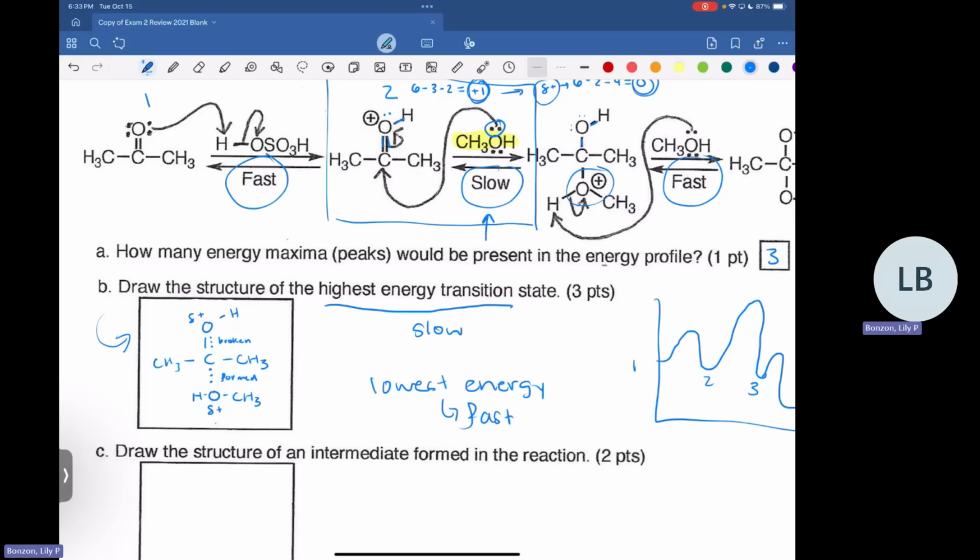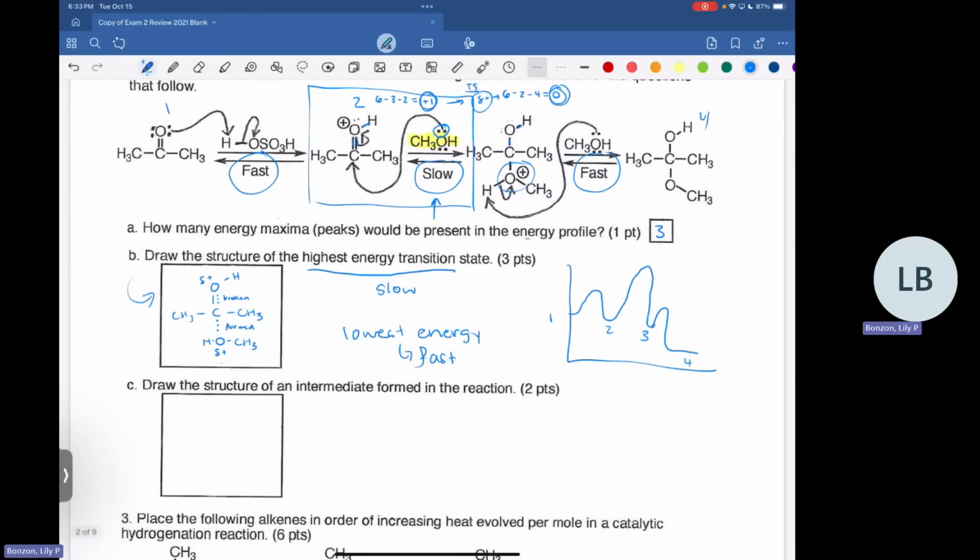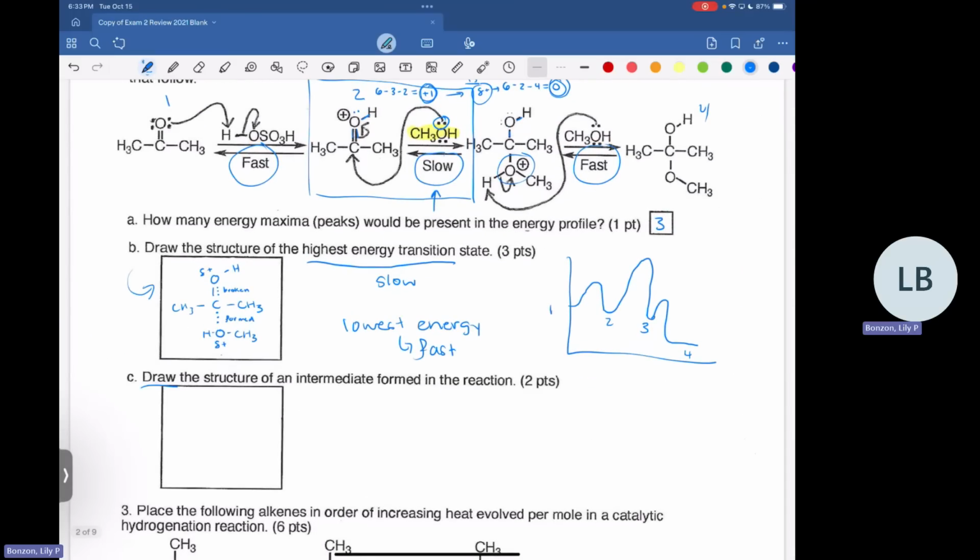If there's multiple, then you could choose whichever one. Usually if there's like a pick and choose, you'll see like draw the structure of an intermediate. So there's like multiple that we could do. So I feel like for the lowest energy step, it might be more likely that it's just 2 or 1 step. But yeah, you're right. I'm kind of just rambling. Yeah, what you said, if there's multiple fast steps and it asks you to draw the lowest one, you just draw either of them.